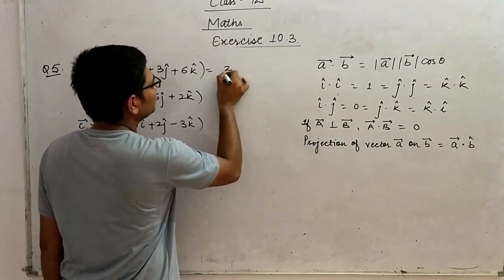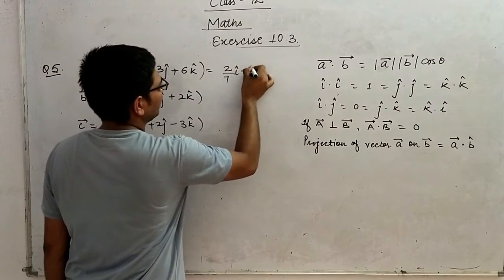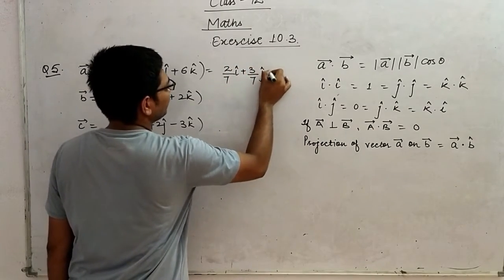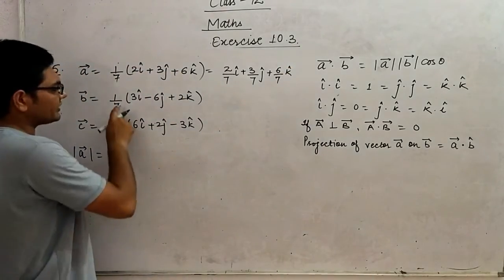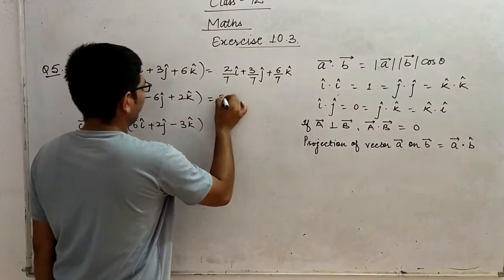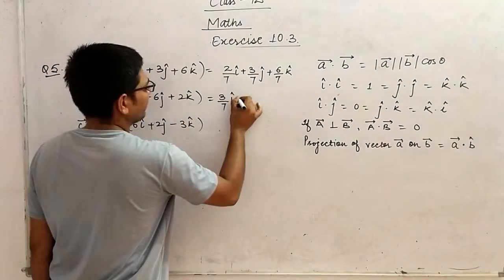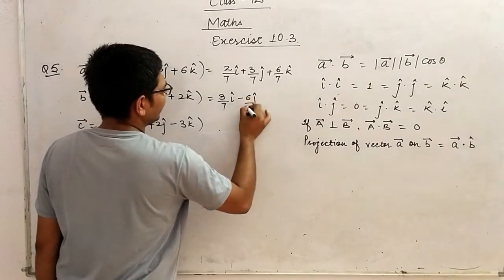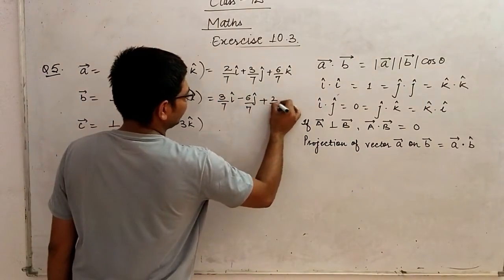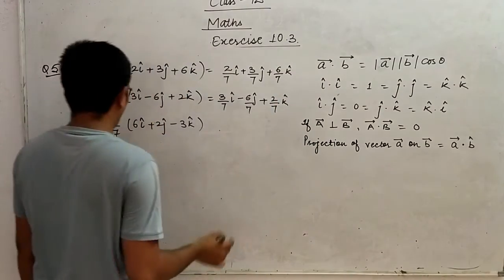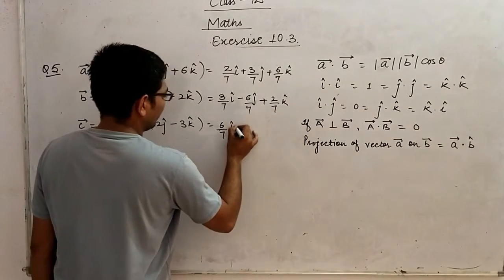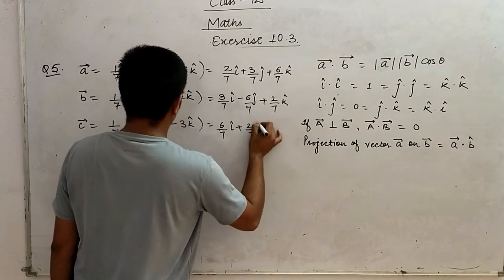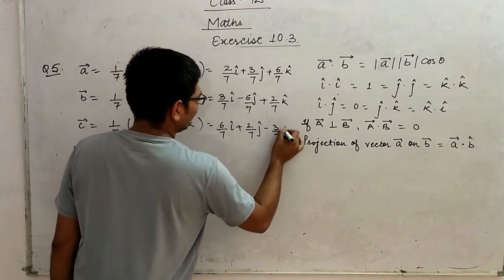That will give you 2 by 7 i cap plus 3 by 7 j cap plus 6 by 7 k cap. Do the same thing here: 3 by 7 i cap minus 6 by 7 j cap plus 2 by 7 k cap, and 6 by 7 i cap plus 2 by 7 j cap minus 3 by 7 k cap.